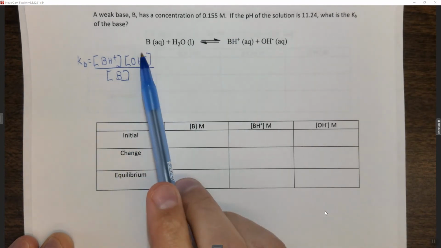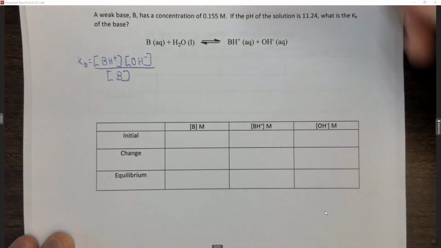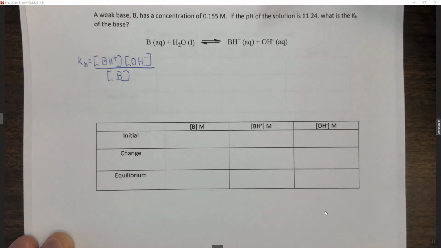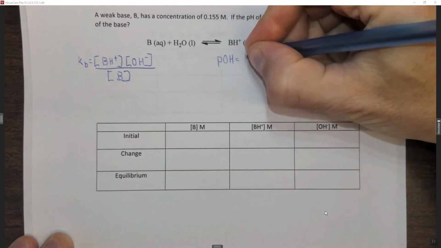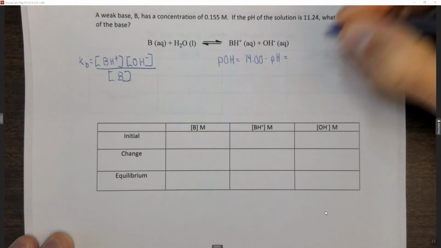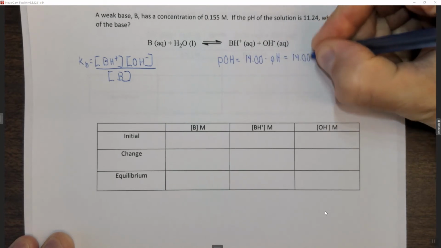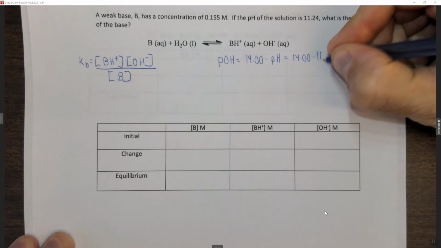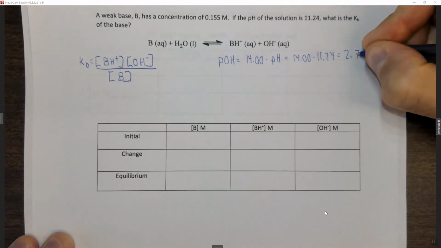So we need to be able to find specifically the concentration of OH-. Well, how are we going to do that? Well, we have the pH. And if you recall, the pOH equals 14 minus the pH, which is 14 minus 11.24, which is equal to 2.76.